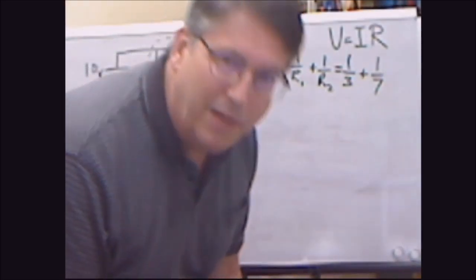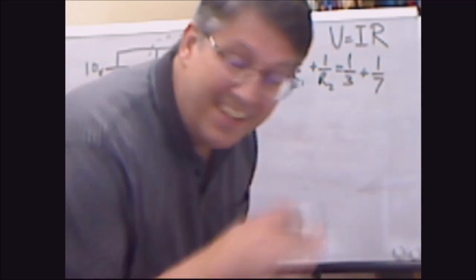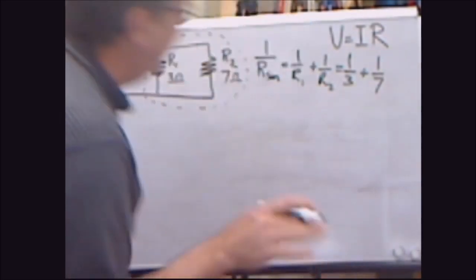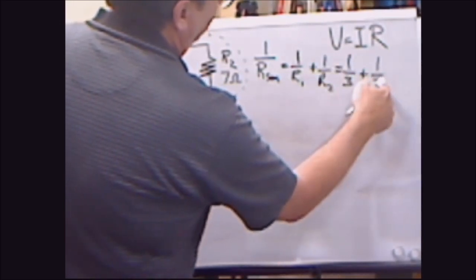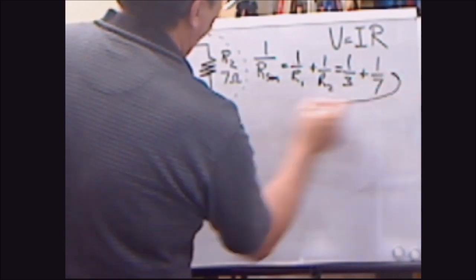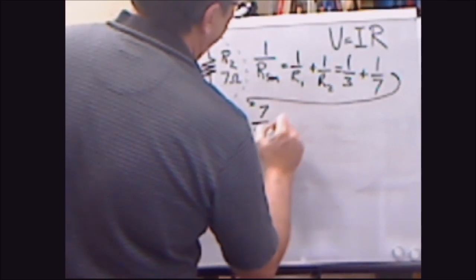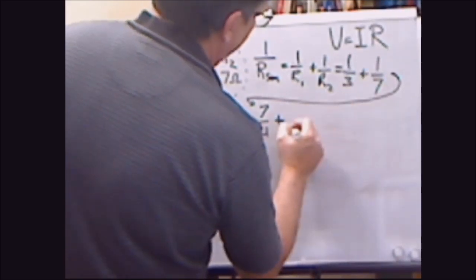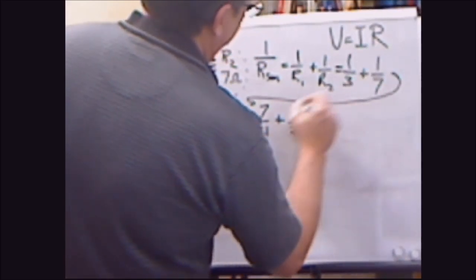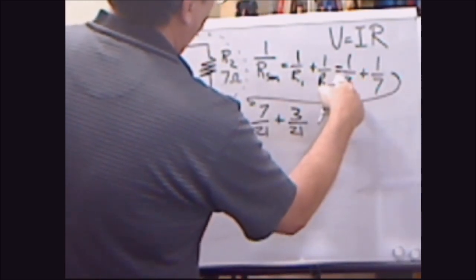Now you get to go back to Algebra 1. Actually, it's probably not even Algebra 1. I don't know how the math delineates in the lower grades, but we're going for common denominators. And the easiest way is to multiply the top and the bottom of this by the numerator of that. So we're gonna take this over here, and now we're gonna have 7 over 21 plus, we'll take the denominator of this and multiply it by 7 and 3, and that guarantees us, did I do that right? 3 times 7 is 21. 7 times 1 is 7.